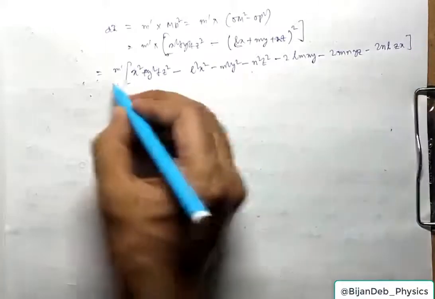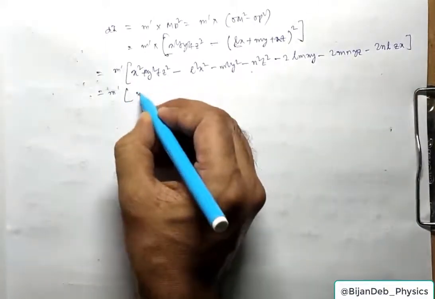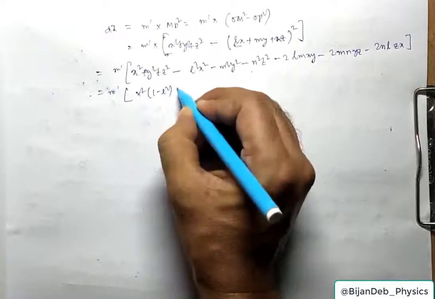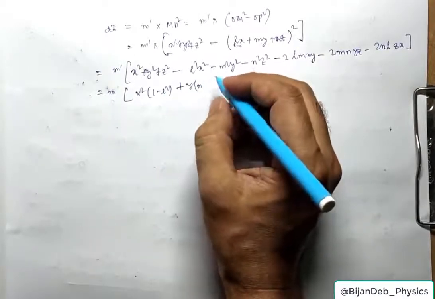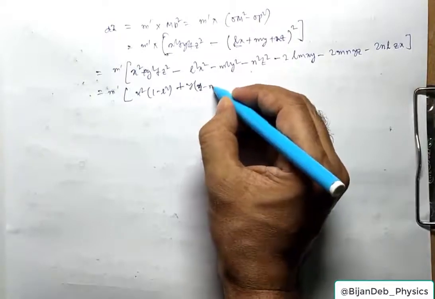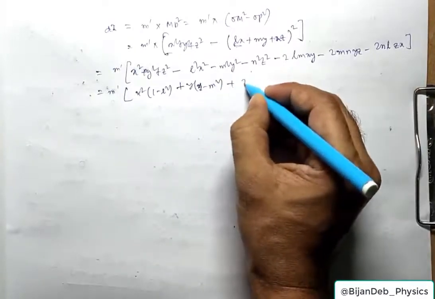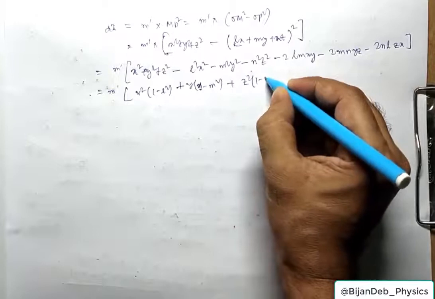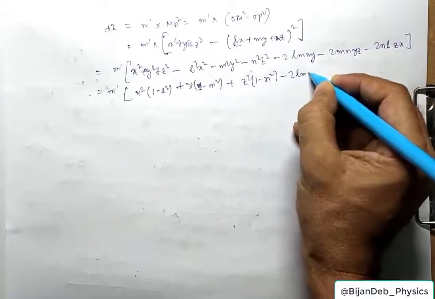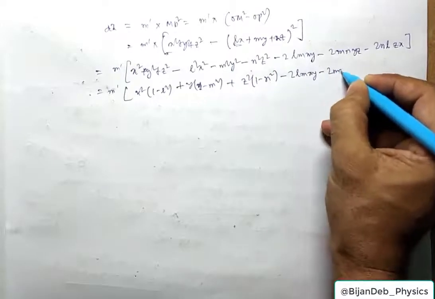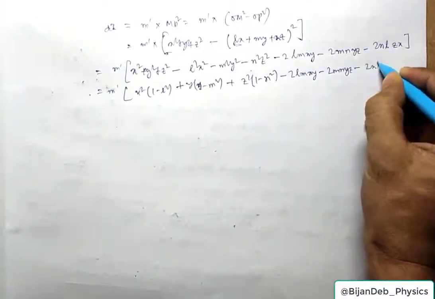Okay, now you take common: x square common, (1 minus l square), plus y square (1 minus m square), plus z square (1 minus n square), minus 2lm xy, minus 2mn yz, minus 2nl zx.